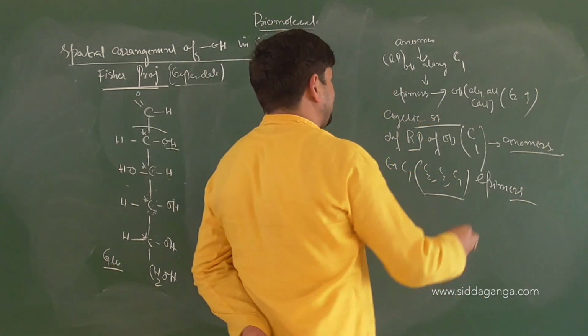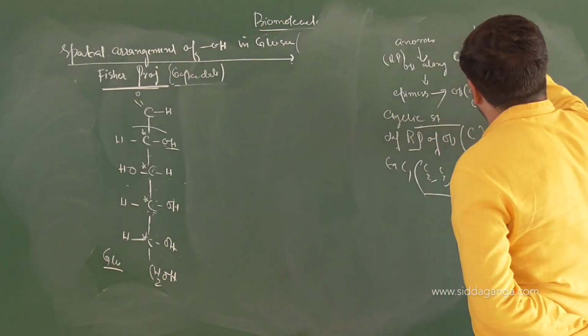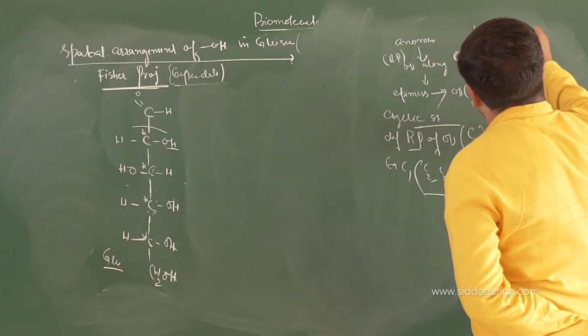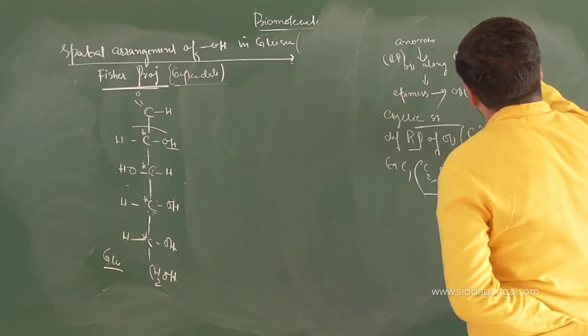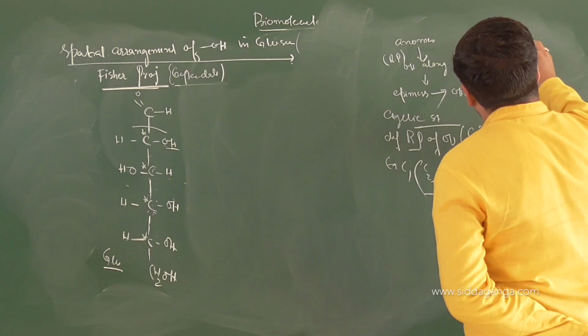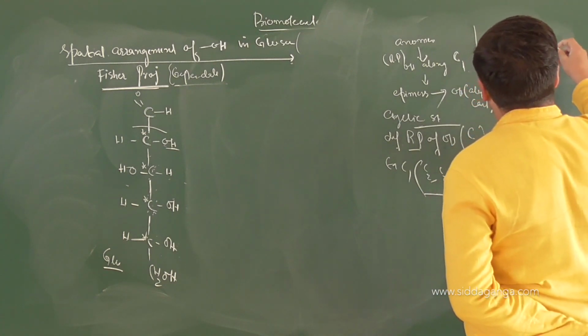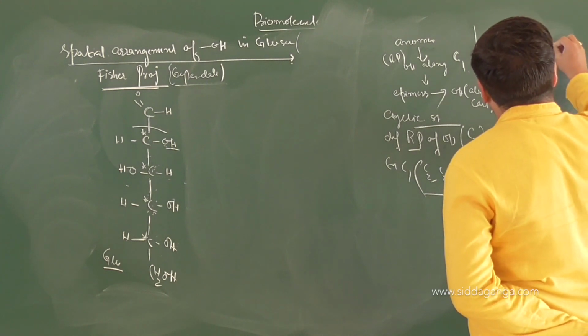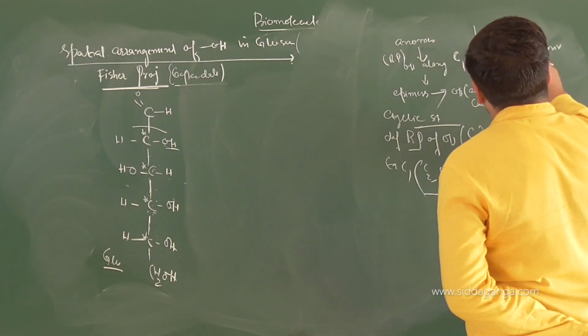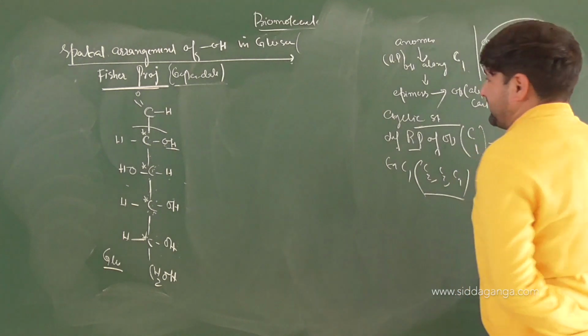So technically we can say that anomers are special epimers along carbon 1. That's it, in a cyclic structure.